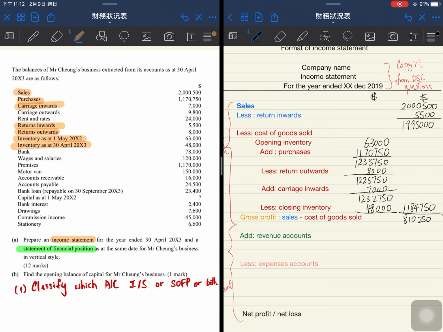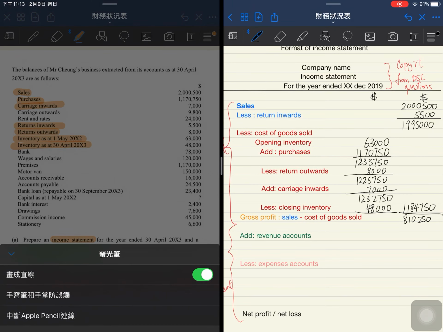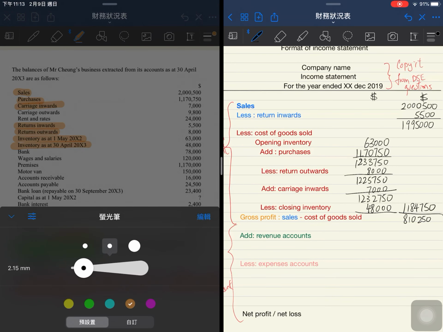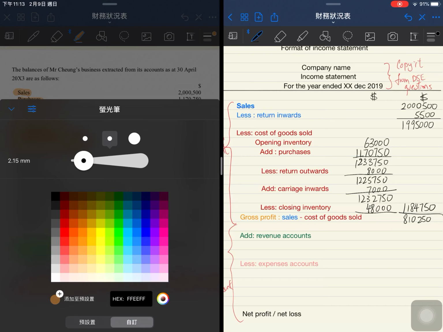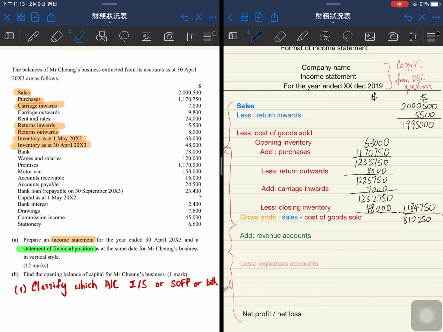So we add revenue accounts. Let's move on to identify the expenses and revenue accounts. For the revenue account, we have commission income.